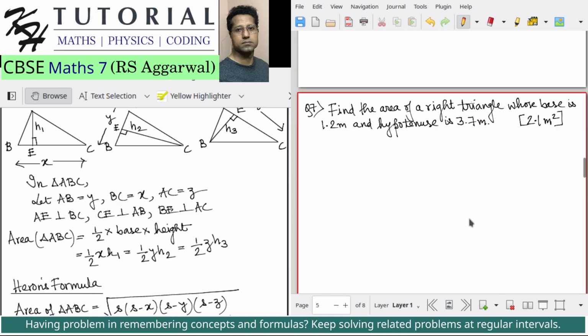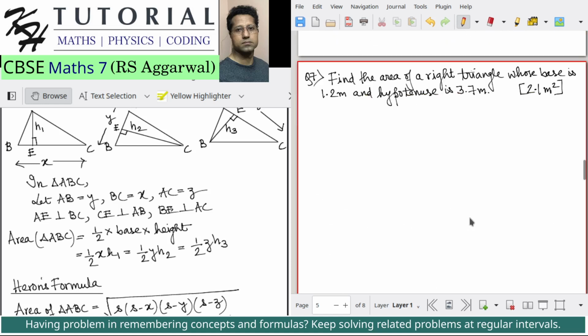Question number 7. Find the area of a right triangle whose base is 1.2 meter and hypotenuse is 3.7 meter.